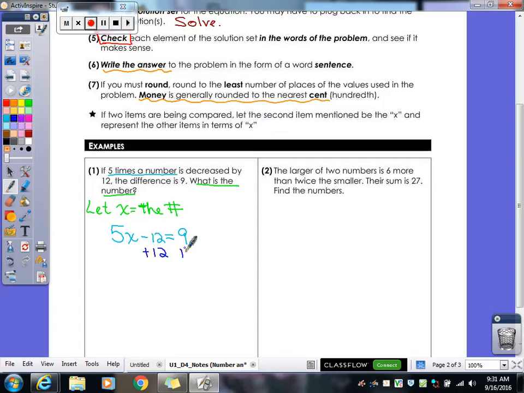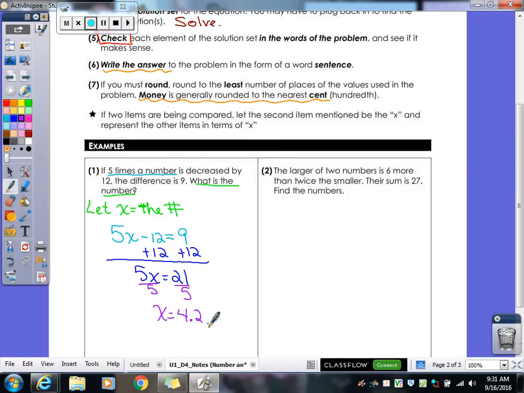So we'll add 12 to both sides. So I get 5x equals 21. Divide by 5. What does x equal? 4.2.